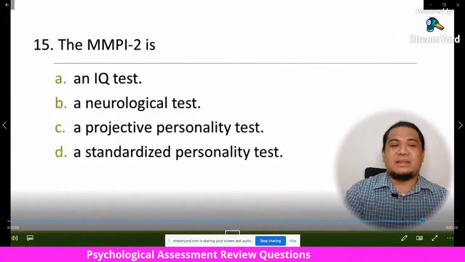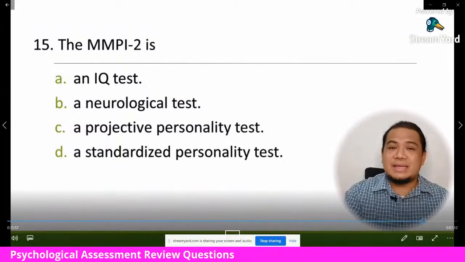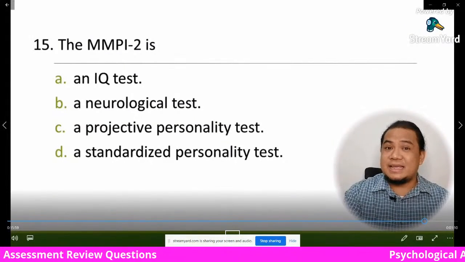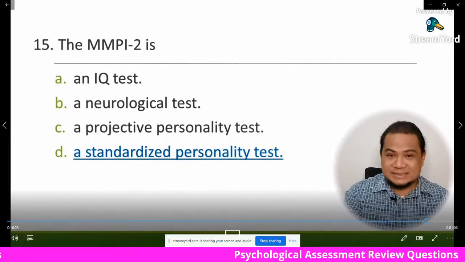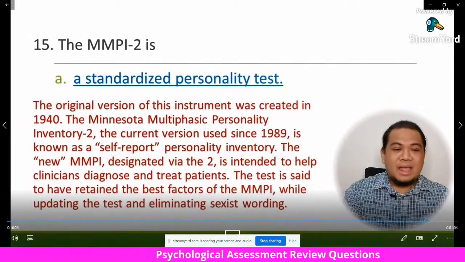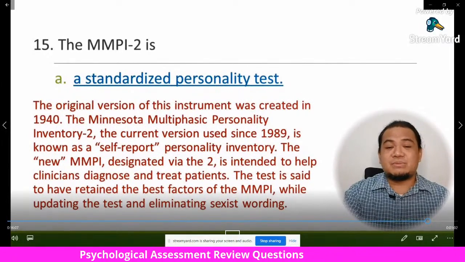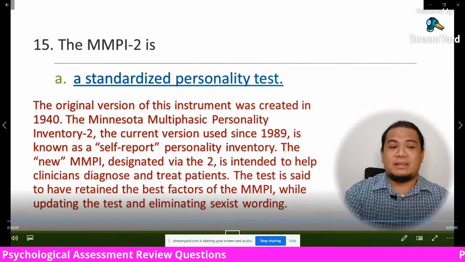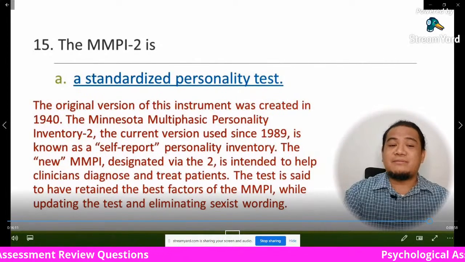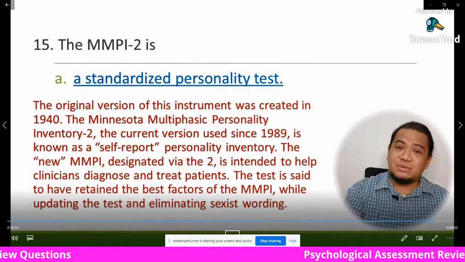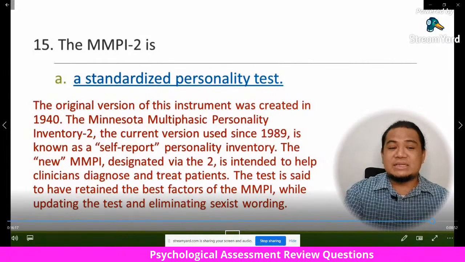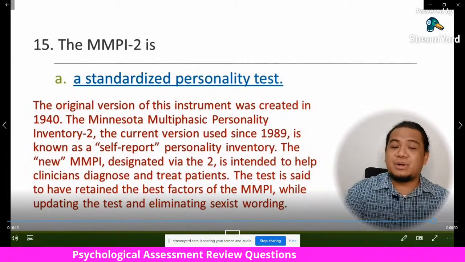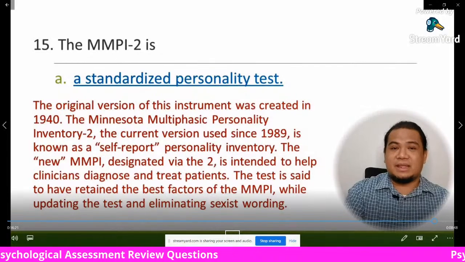And number 15, the MMPI-2 is, and the answer is, a standardized personality test. The original version of this instrument was created in 1940. The Minnesota Multiphasic Personality Inventory 2. The current version since 1989 is known as a self-report personality inventory.